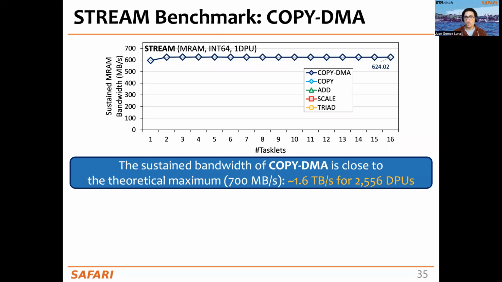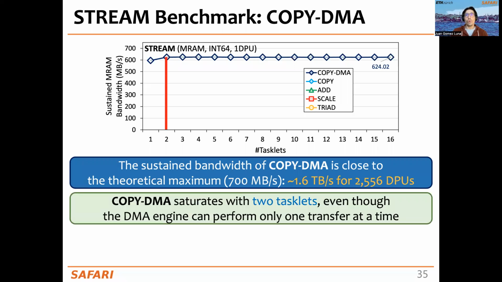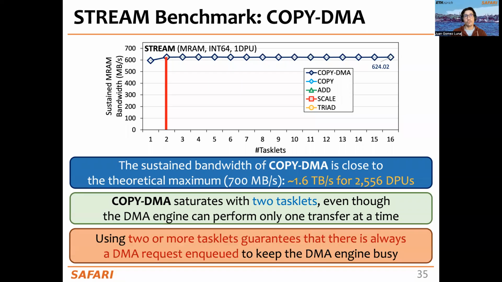Remember that these measurements were done in a system where the DPUs run at 350 megahertz, but the newest DPUs run at a frequency of 425 megahertz. And one observation here for the copy DMA benchmark is that the bandwidth saturates at 2 tasklets and then it's flat.